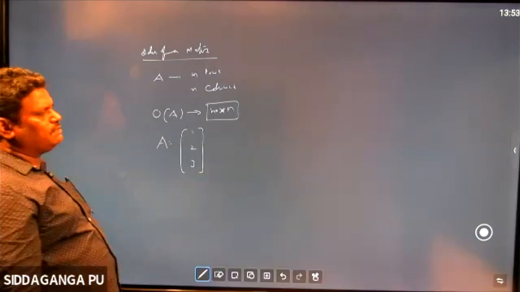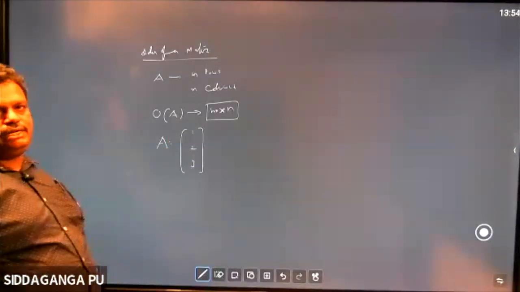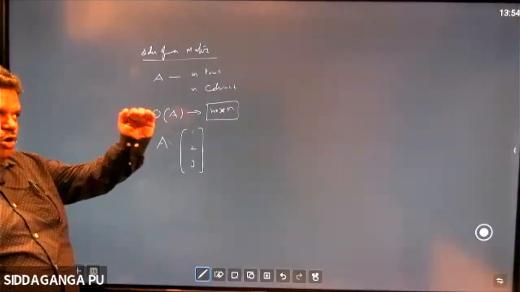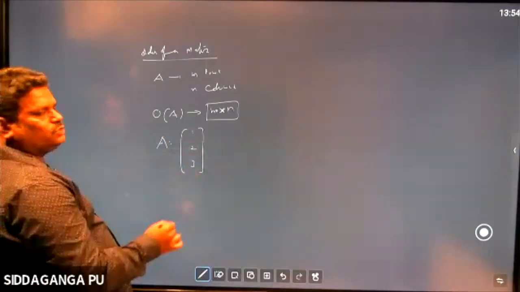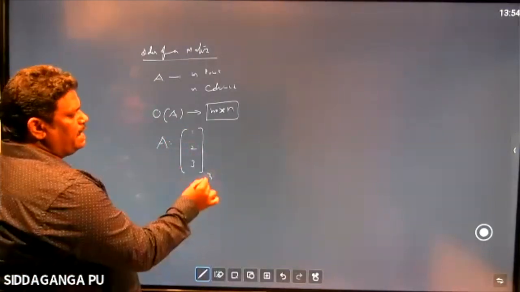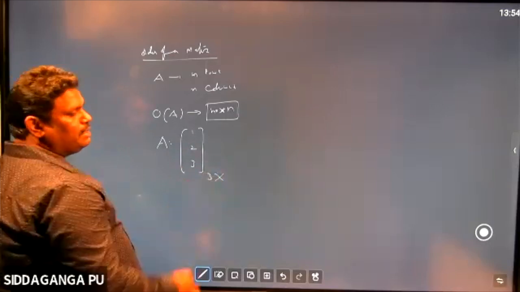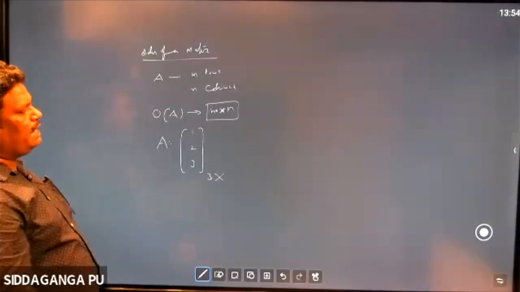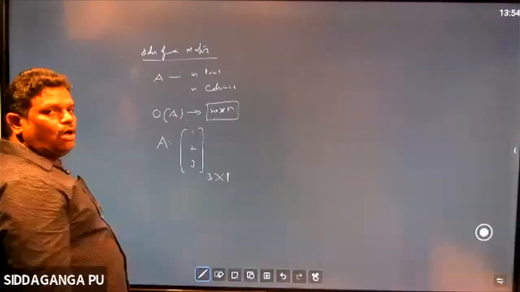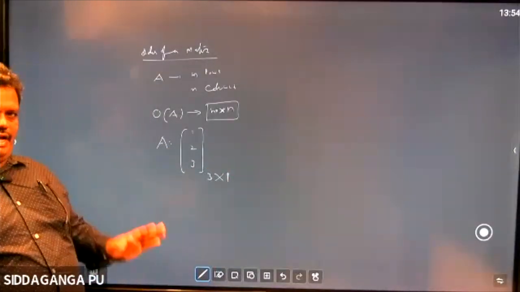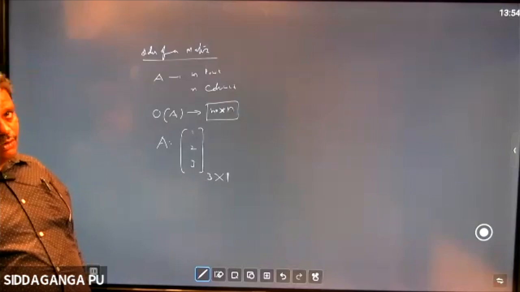First we calculate the number of rows. Rows are counted from top to bottom: row 1, row 2, row 3, so the number of rows is 3. We write "by" for the symbol, and the number of columns, counted left to right, is only one. So this matrix order is 3 by 1.